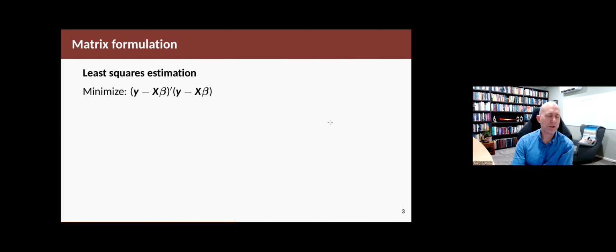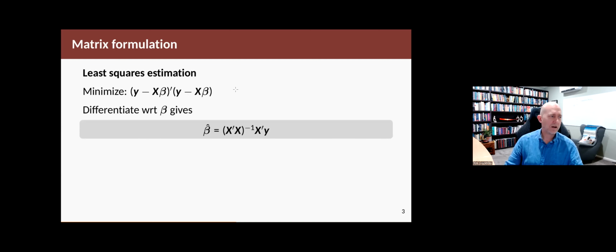For example, you can immediately write down the least squares estimate of the coefficients. So y minus X beta gives us the error, and transposing that and multiplying by itself gives us the sum of squared errors. So to minimize the sum of squared errors, we can just use some matrix calculus.